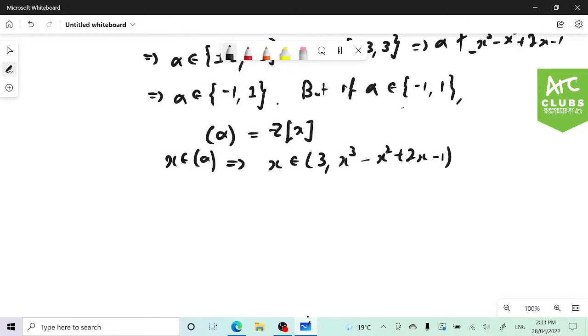But this is not possible either, because there is no way to generate x by itself. And so we hit a contradiction here. Thus I is not principal.